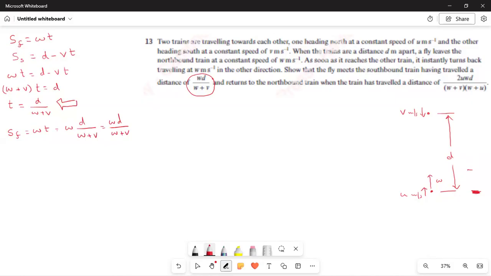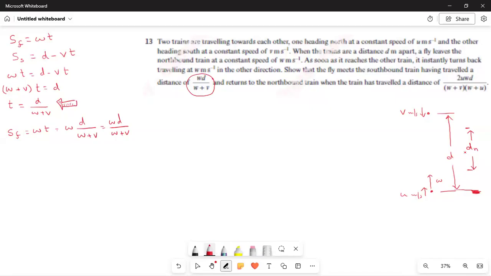It has traveled some distance, and the southbound train has traveled some distance. So what is the new distance between them? Let me call it dN. So what is the new distance between the two trains at this time, when the fly met the southbound train?